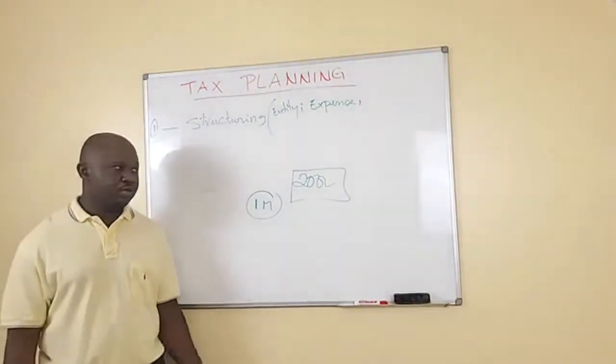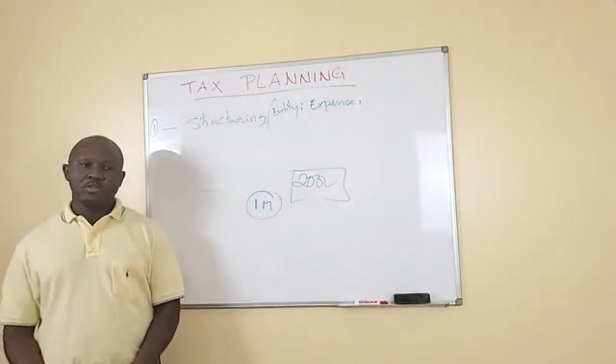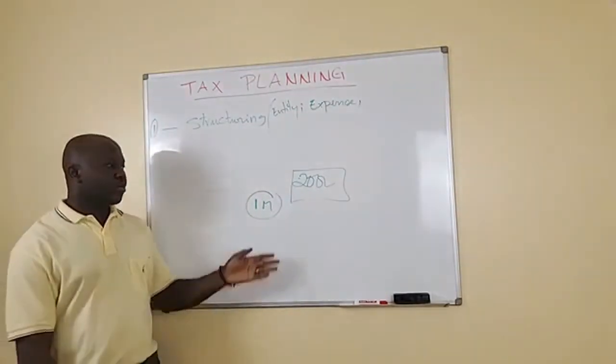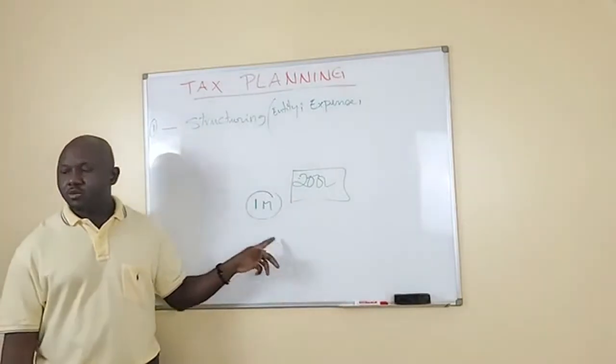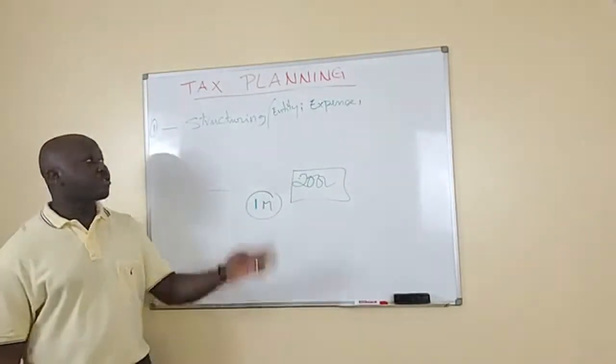The IRS removed it. But a good tax professional was able to structure it and let the IRS know the reason why this could be a business expense. That's structuring.